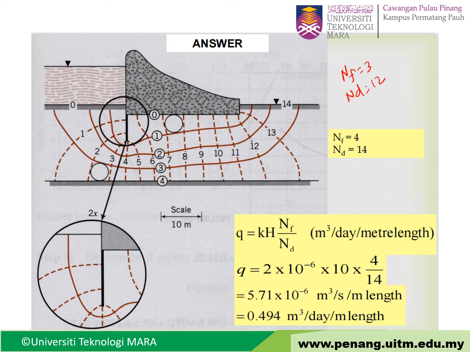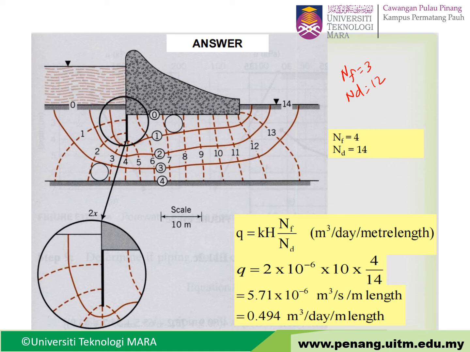So it depends on the drawing, but you have to make sure that you follow the rules. It should be square, and it should be parallel, and the equipotential line is tangent to the flow lines.